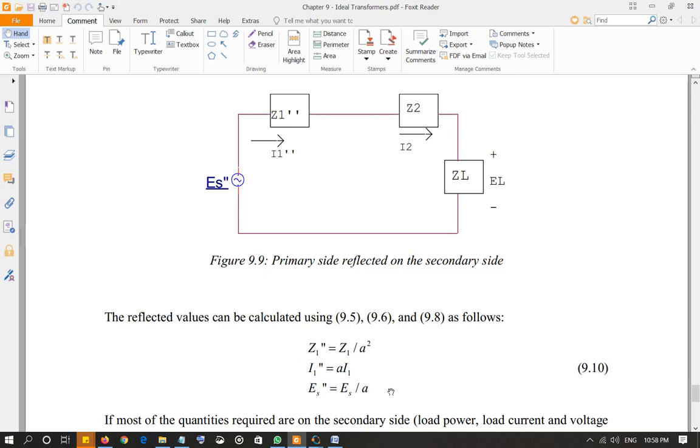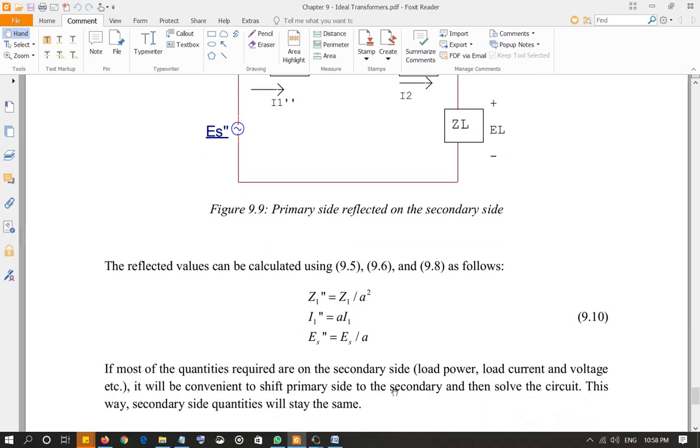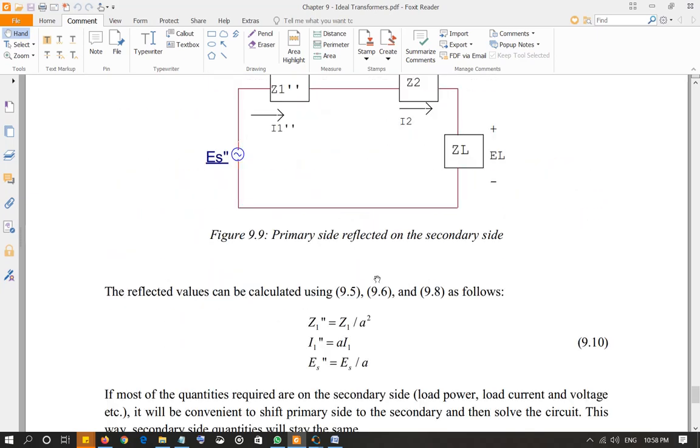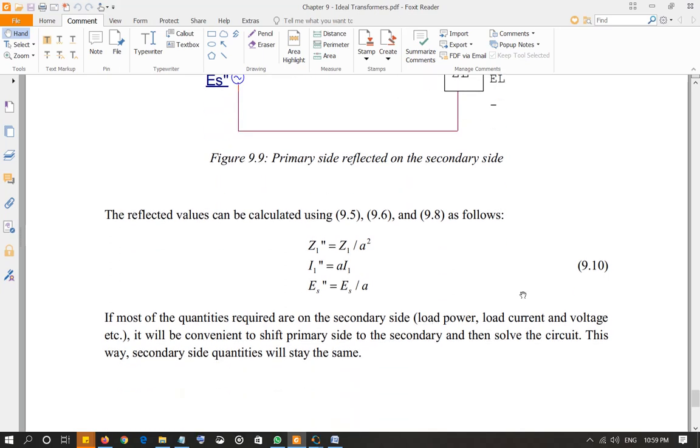I'm taking advantage of these three relationships to go either from the primary side to the secondary side or from the secondary side to the primary side. This is called impedance reflection from one side to the other, and we will do example number 3 based on this impedance reflection.